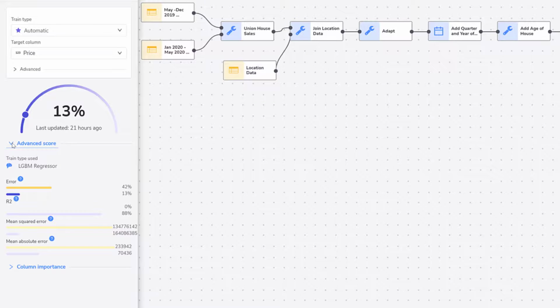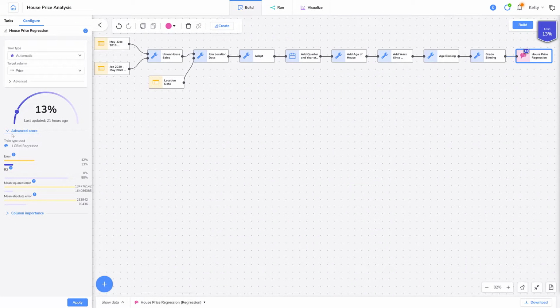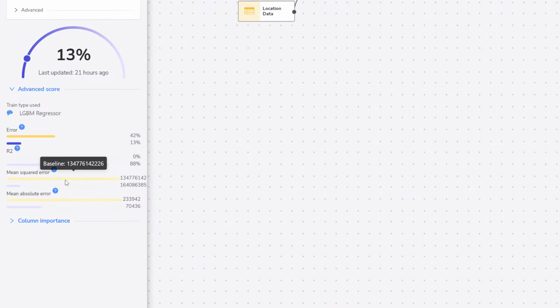Well, the mean squared error finds all of the errors, squares them, and then adds them up to find the average. Squaring the errors gives more penalty to when the model is really wrong. If you hover over the yellow baseline score, you can see the number is bigger than the model score. There are more digits in the baseline score if you look closely. So again, the model is better than the baseline.